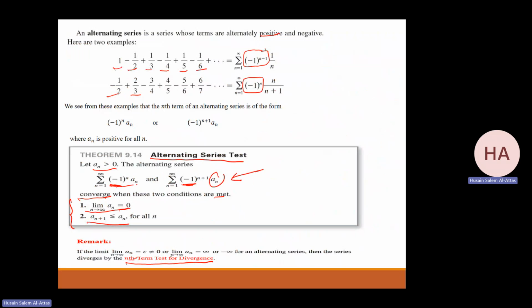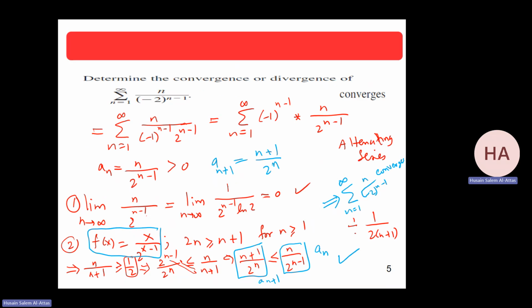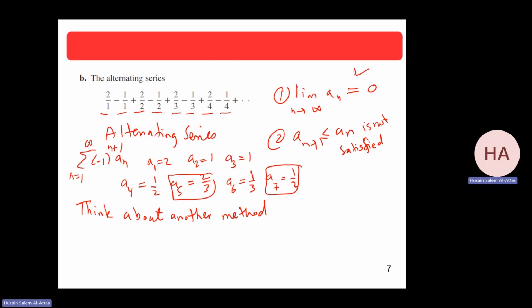If I have this format, an alternating series where the a_n are positive, then we say the series converges if these two conditions are satisfied. Other than that, we don't know. It will tell us only the series converges, nothing else, if it satisfies these two conditions. So I need to think about something else in this case.